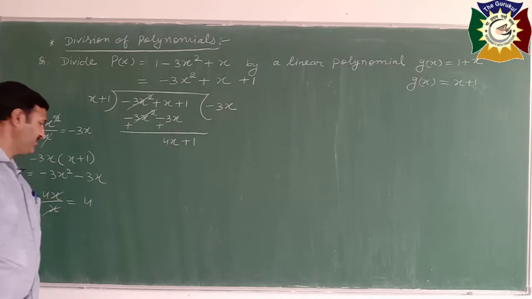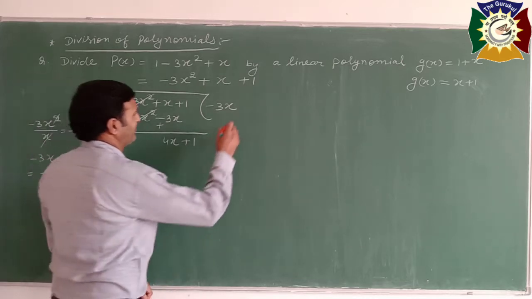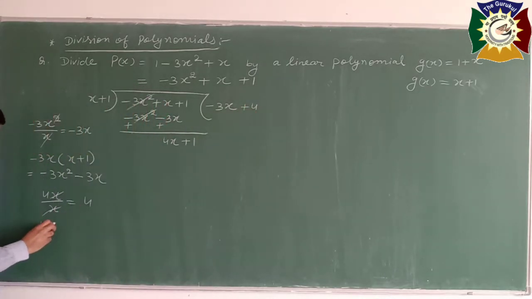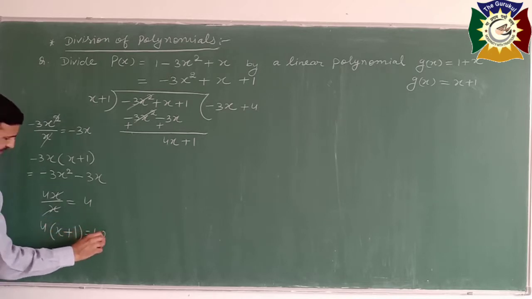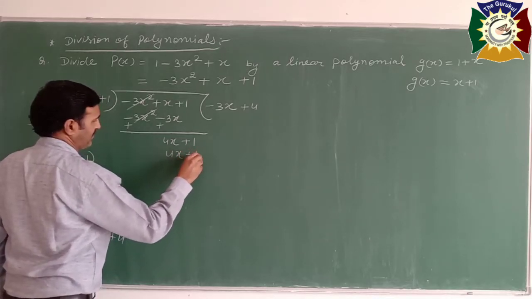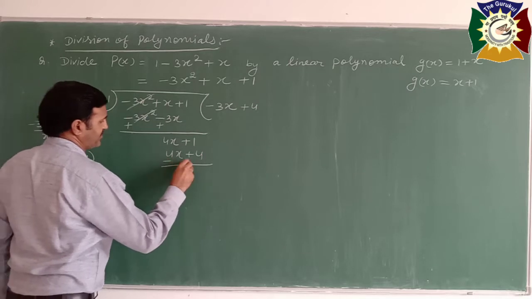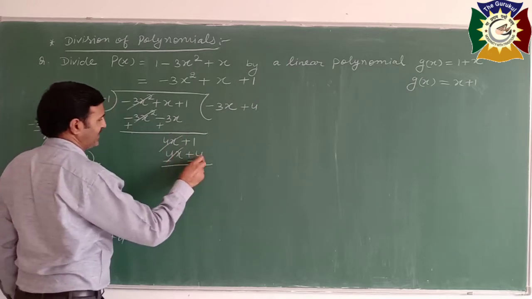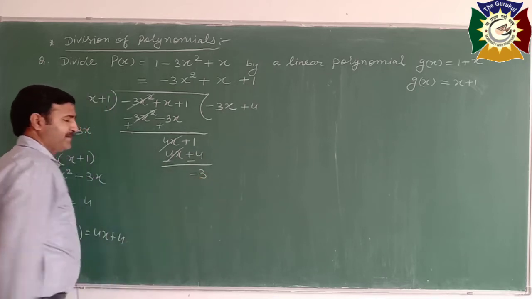So the next term of the quotient is 4. We will multiply this 4 with the divisor, 4x plus 4. Change the sign. Again first term cancel and minus 4 plus 1, minus 3.